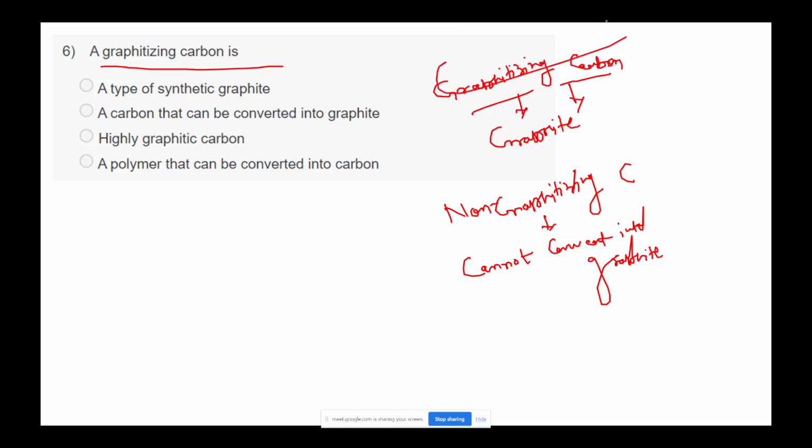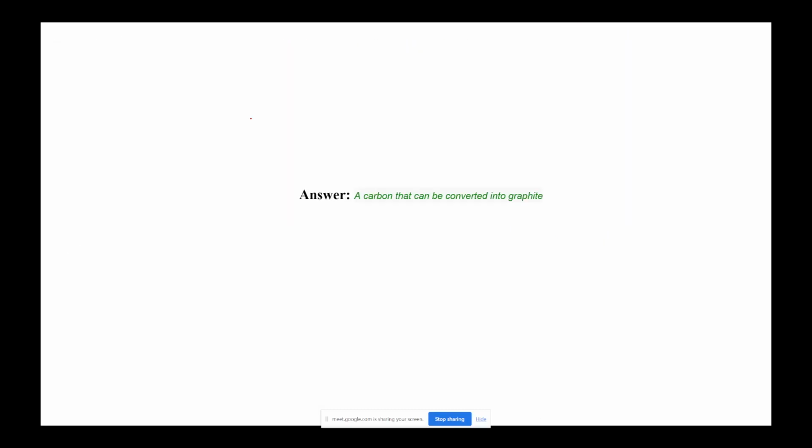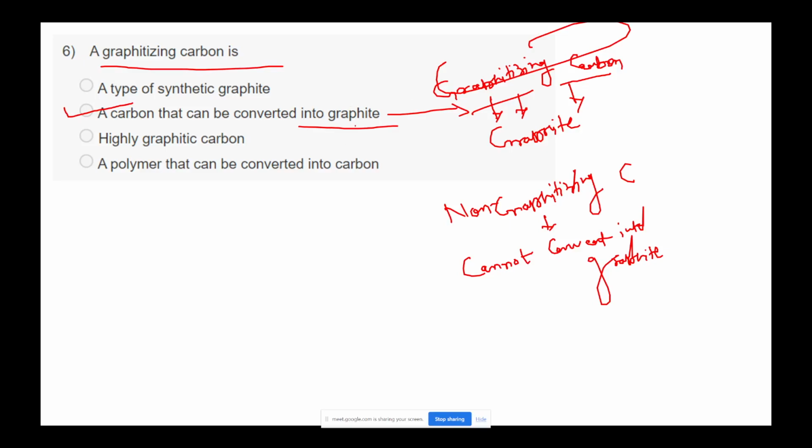But graphitizing carbon can convert into graphite. So in the options we have a type of synthetic graphite, a carbon that can be converted into graphite. Yes, this is that. And highly graphitic carbon, polymer that can be converted into carbon. So a carbon that can be converted into graphite is what? Graphitizing carbon.